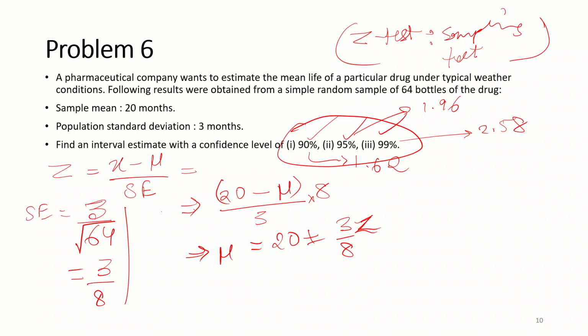So the first answer will be 20 plus or minus 3 by 8 into 1.65.